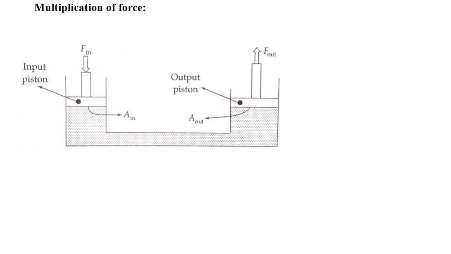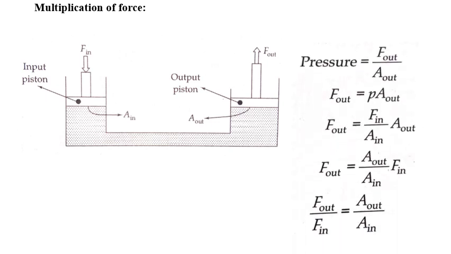This one is multiplication of force. Same diagram, same F in, F out, input piston, output piston, area at input, area at output. But here are some small changes in the equation. Pressure equal to F out by A out.